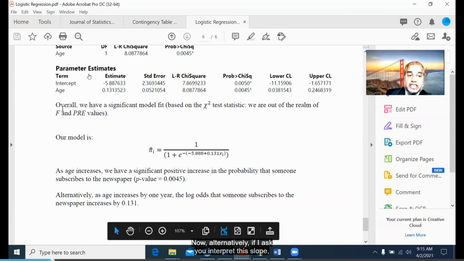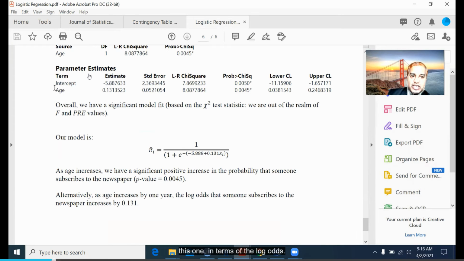Now, alternatively, if I ask you to interpret this slope in terms of the log odds, it is different. We can say as age increases by 1 year, because age is measured in years, the log odds is increasing by this.